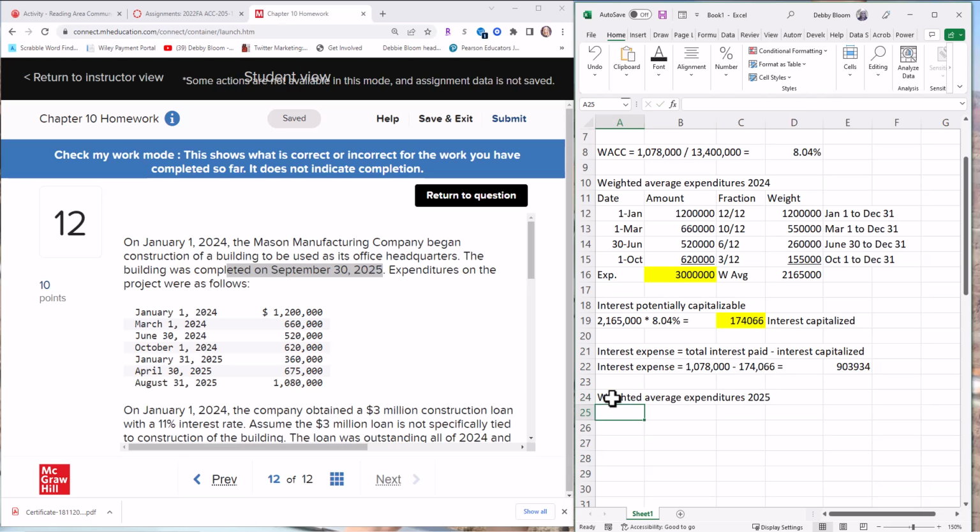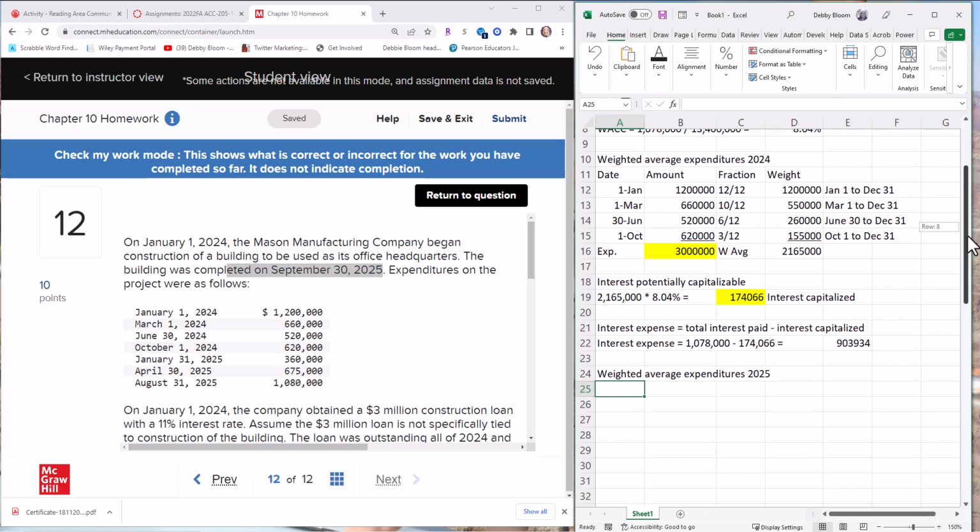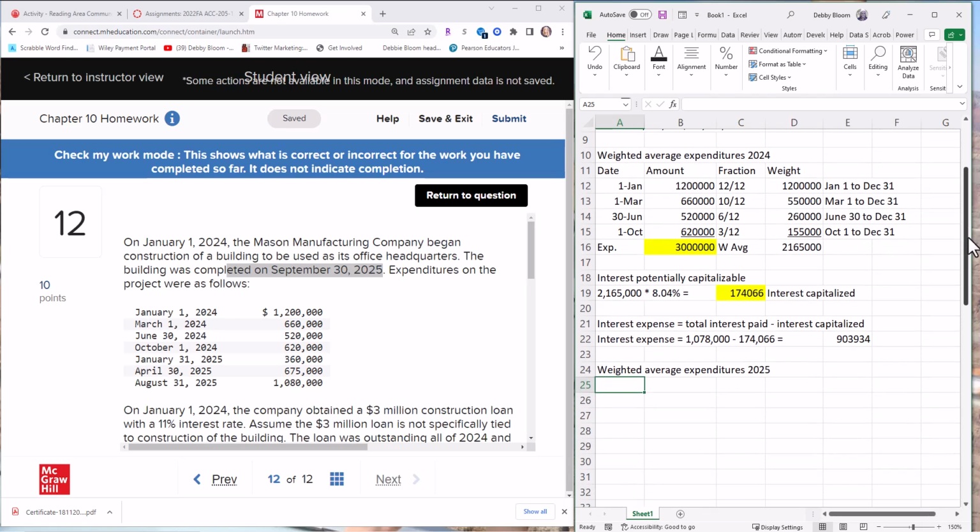We're going to do the same thing that we did up above, but we're going to start off on January 1st with the first two numbers that I have in yellow, 3,174,066, and just assume that they are expended on January 1st. Once we go through that, we will look at all of the other amounts expended in 2025.